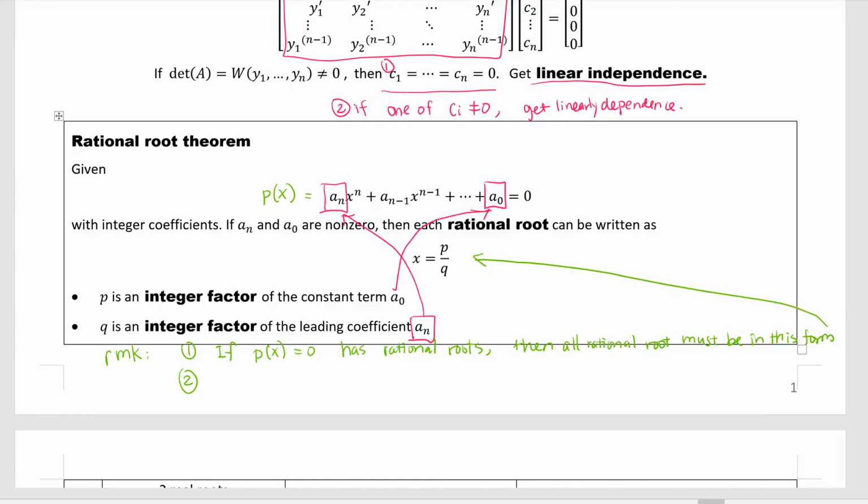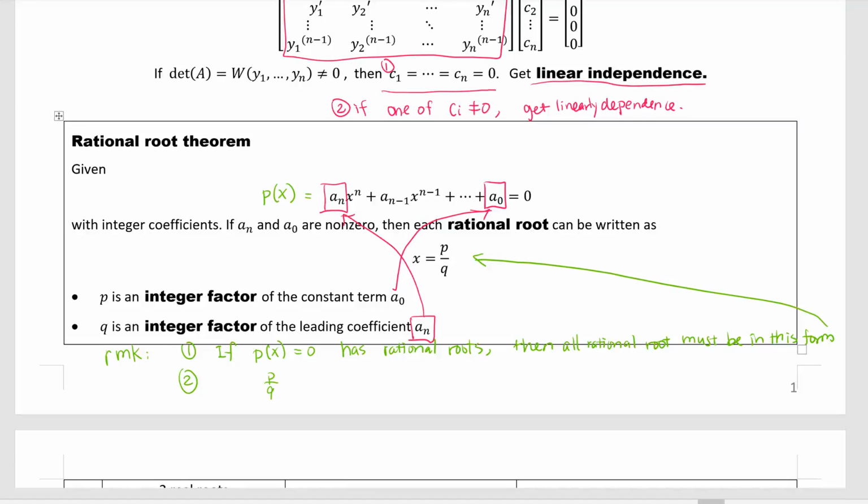Second remark. Later on when we work on examples, you'll see that with this p over q form we have many numbers. Any number of this form might not necessarily be a root.